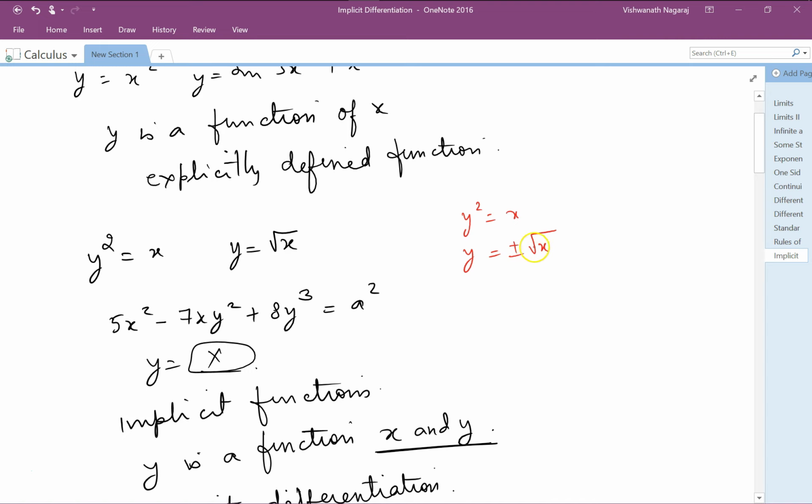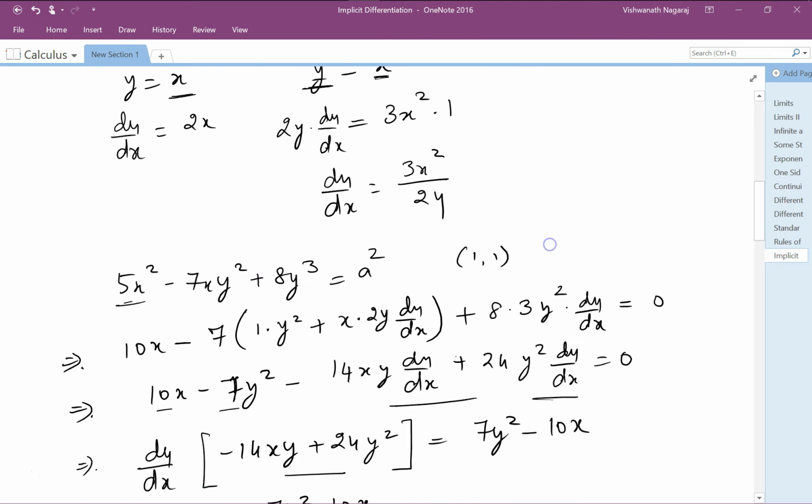So y is equal to plus or minus root x. So this will introduce a little bit of complexity in our understanding of the entire process. So it would be much easier if we do implicit differentiation rather than doing this. Okay, that is one thing.